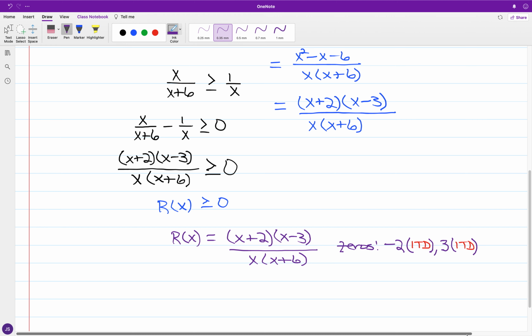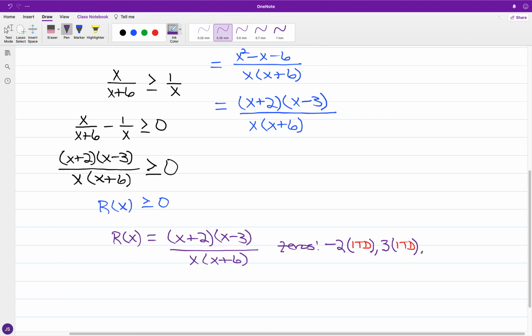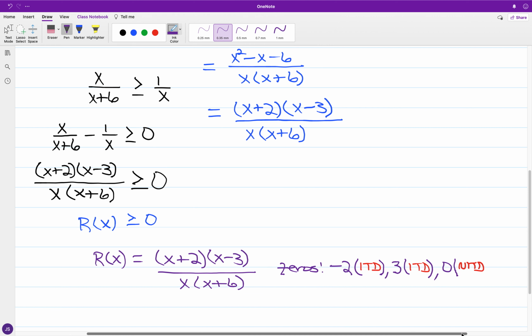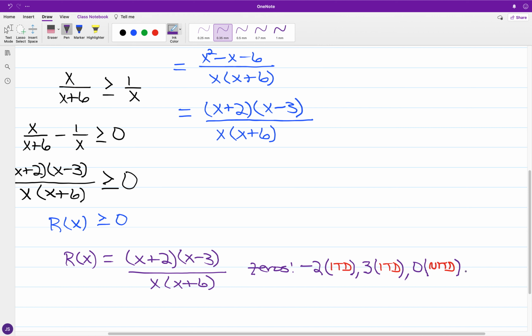As for x and x plus 6, the corresponding zeros will not be in the domain: from x I have 0, and from x plus 6 I have negative 6.